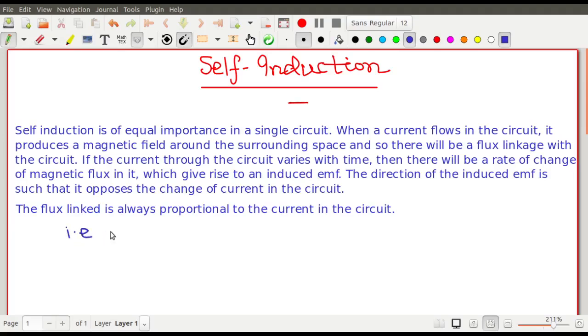That is, flux phi is proportional to I, right? Because more the current, more the magnetic field, more the flux. Very easy, তাই তো? কারেন্ট যত বেশি, ম্যাগনেটিক ফিল্ড তত বেশি, ফ্লাক্স তত বেশি.